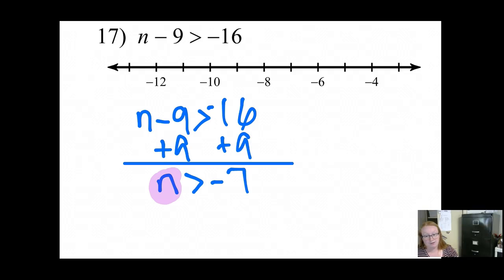So now I get to graphing. To graph this, I'm going to put this on negative 7. You need to be able to do all of this on your own without me asking you questions. Then I point it to the right, which goes on and on towards positive infinity.